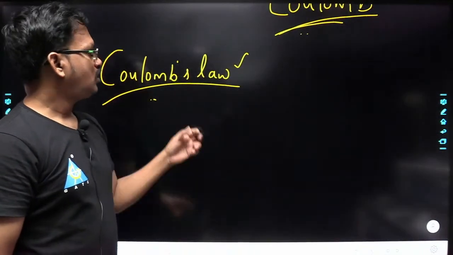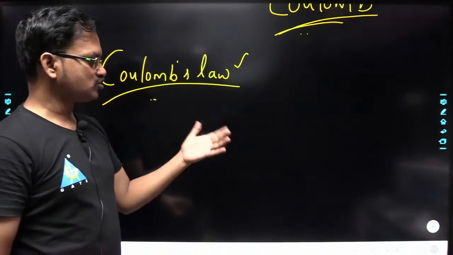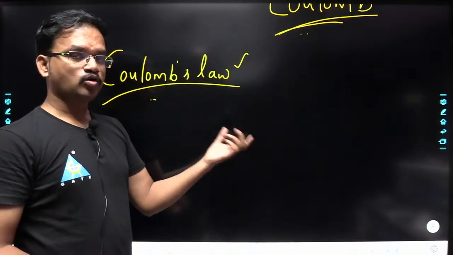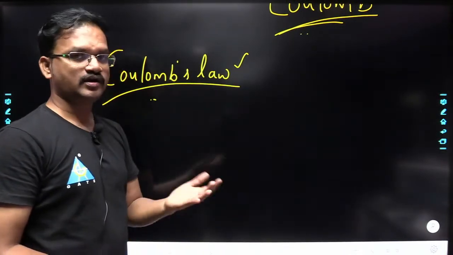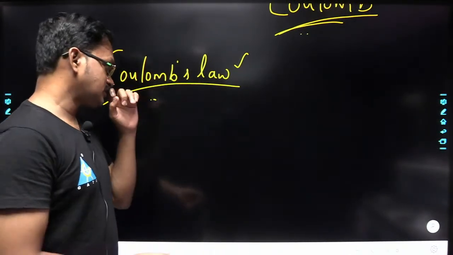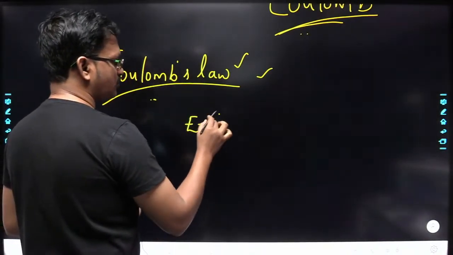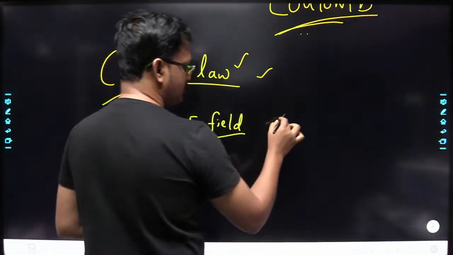We will start Coulomb's law and study the force between two point charges: how to calculate it, how to write the magnitude, and how to write the direction. All these things we will see in the next session. Next I am going to start with electric field, and then we will start Gauss law.